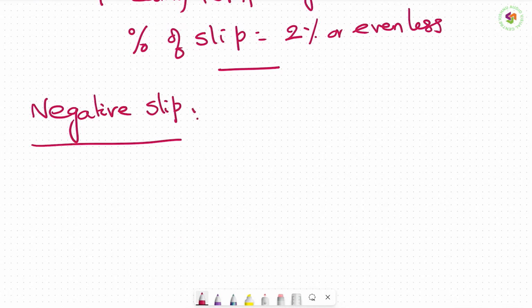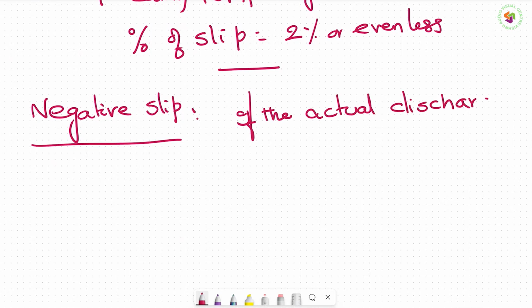You yourself can tell what negative slip is. Negative slip means the actual discharge is more than the theoretical discharge.